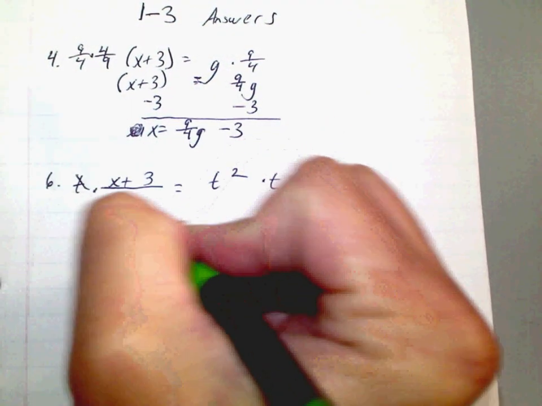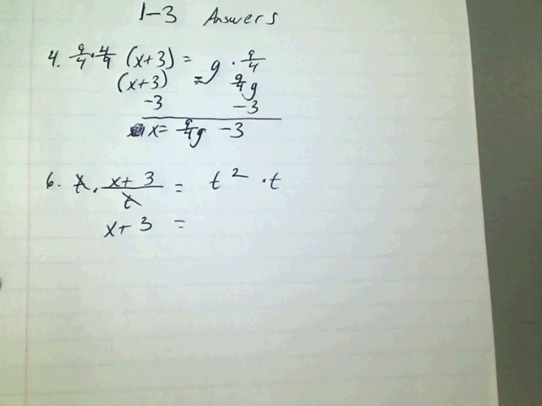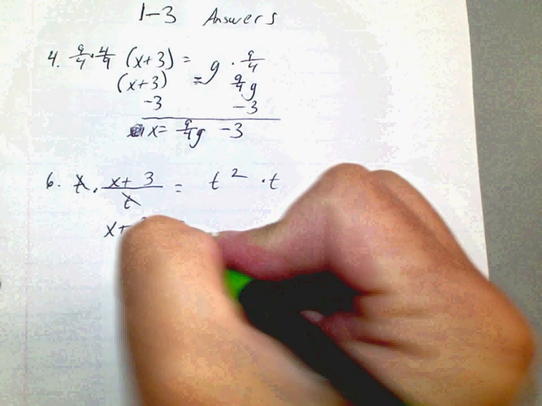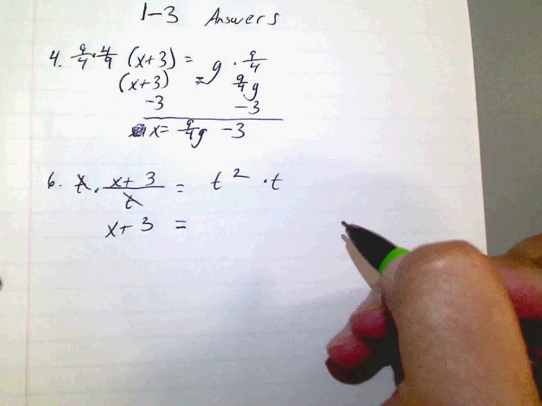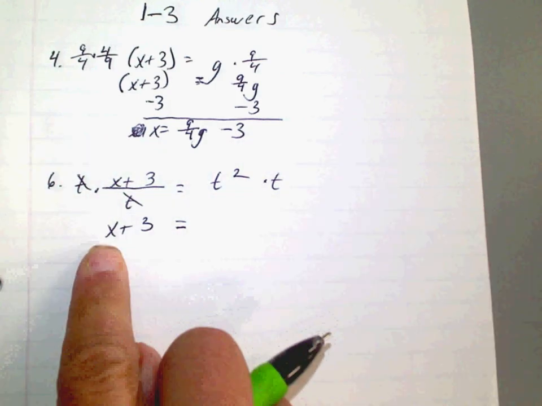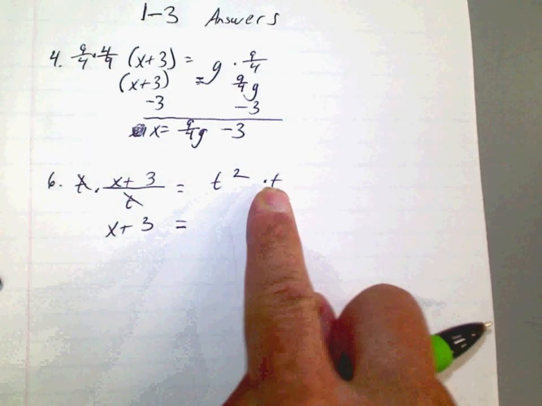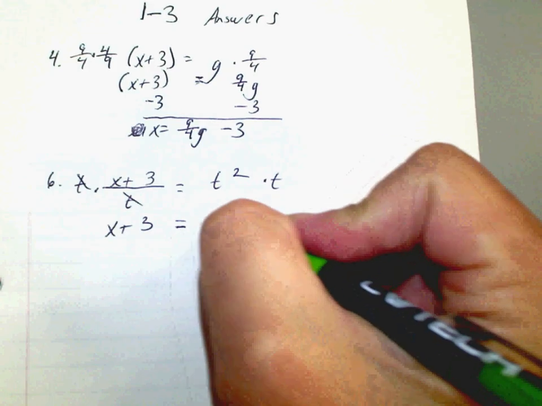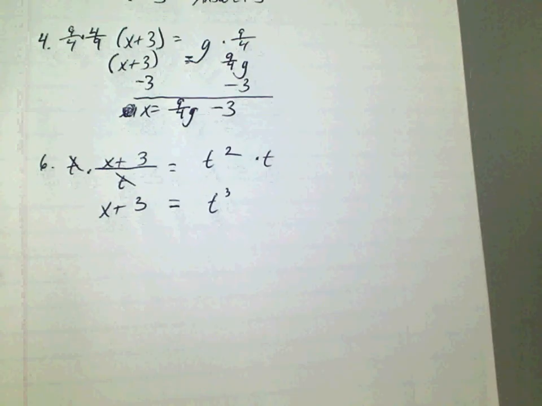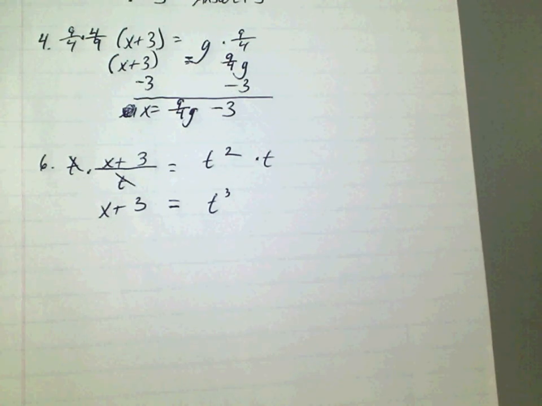X plus 3. Somebody from the back row, what does x plus 3 equal? X plus 3 equals t cubed. T squared times t is t to the 3rd power, right?